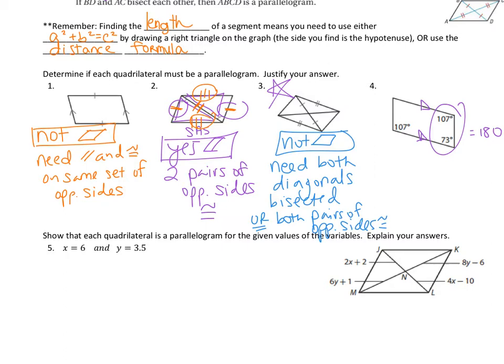If we look at the other two pairs of angles, we have 107 plus 73 again, and those also equal 180 degrees, which means they're supplementary. That tells you that these other two sides are going to be parallel to each other as well. So we have two sets of opposite sides that are parallel to each other. So yes, this is a parallelogram based on the definition of a parallelogram.